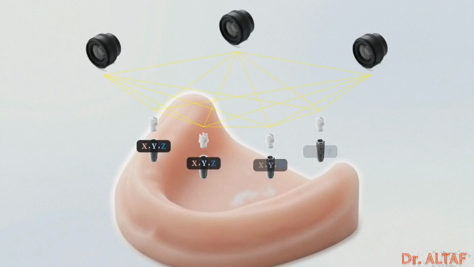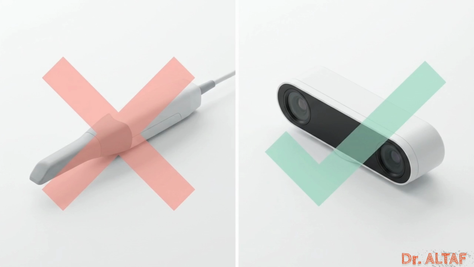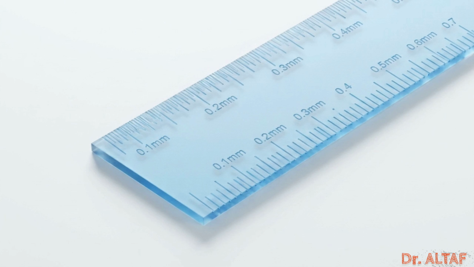By analyzing multiple angles simultaneously, the software calculates precise 3D coordinates for the implants, but it does not stitch images or render soft tissue. It avoids the compounding errors of intraoral scanning, achieving spatial accuracy down to roughly 5 micrometers.